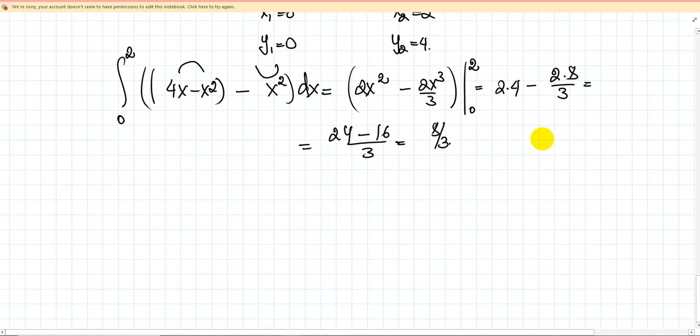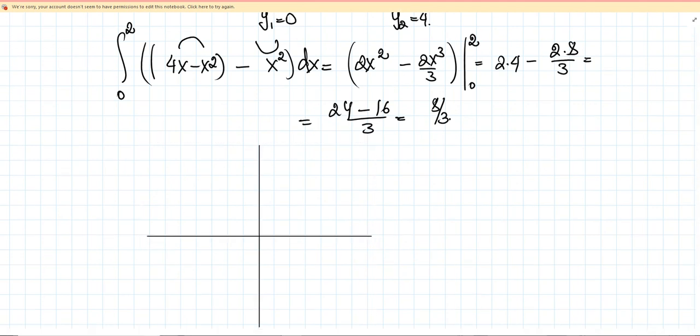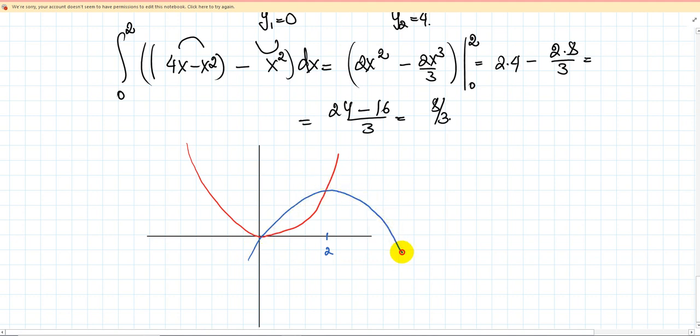So in order to illustrate what we found, we can try to draw them, right? So they are like this. The first one is simply the y equals x squared parabola, right? And the second one is the y equals 4x minus x squared parabola. So this is at the point 2. It will be like this, roughly.